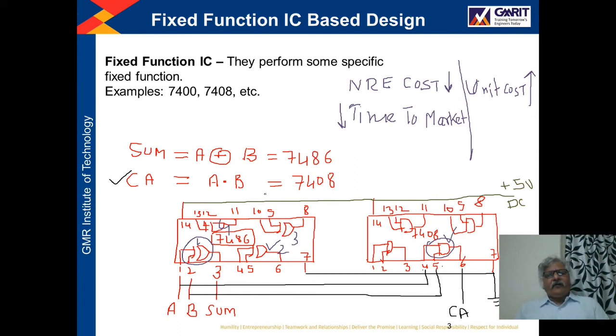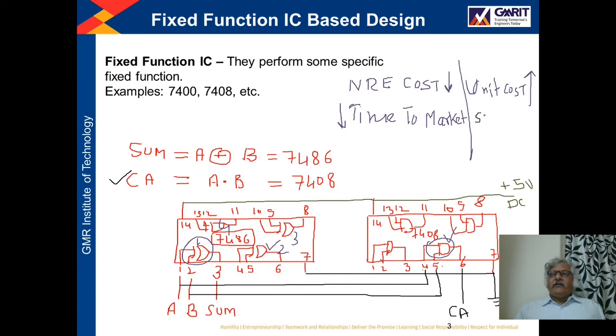Simply we come to the conclusion by using some K-map or something, what the expressions are. We purchase the ICs which are available in the market, and we simply develop the product. So time to market is less. But what about the size of the product?